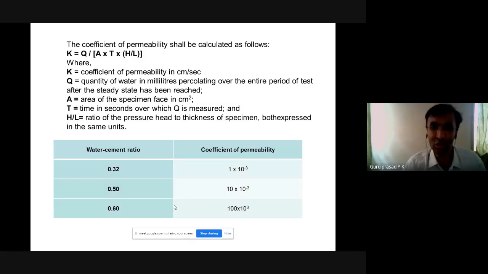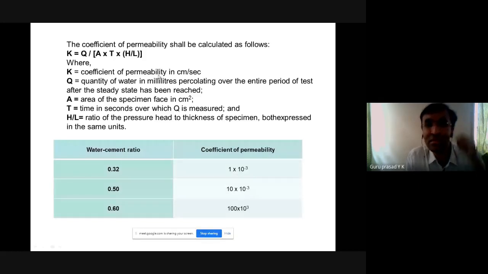How do I get to know about that? There is a small calculation done, the coefficient of permeability. This coefficient of permeability depends upon the water cement ratio of the concrete which you have used.